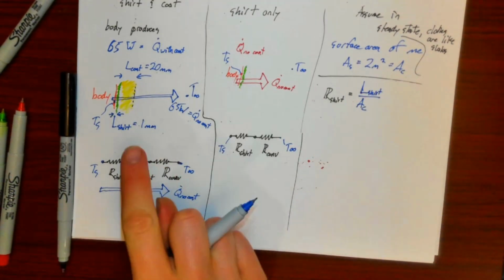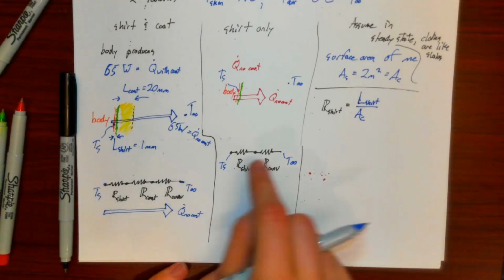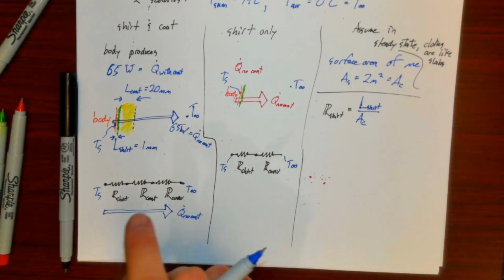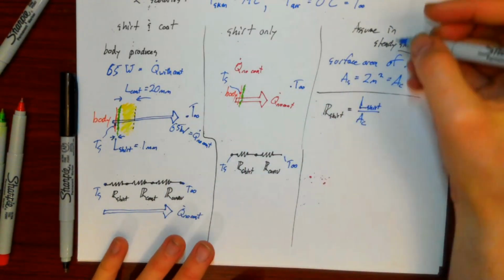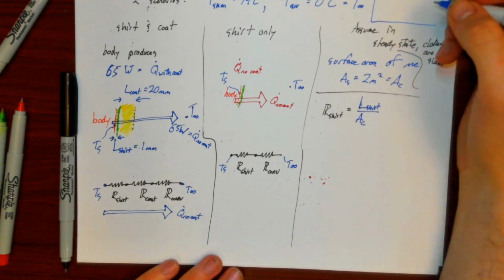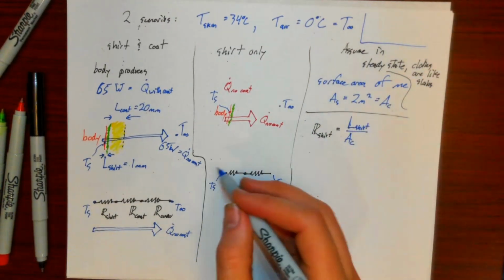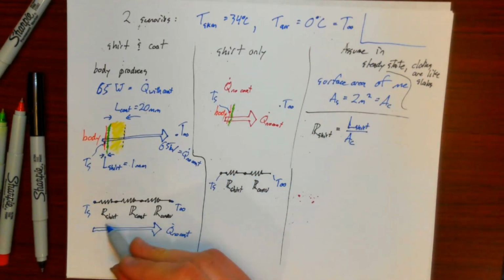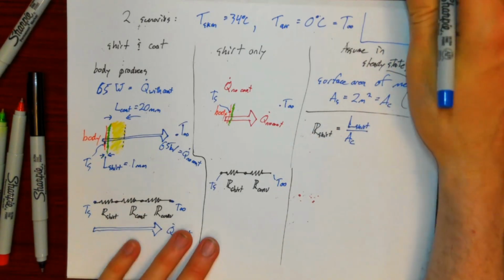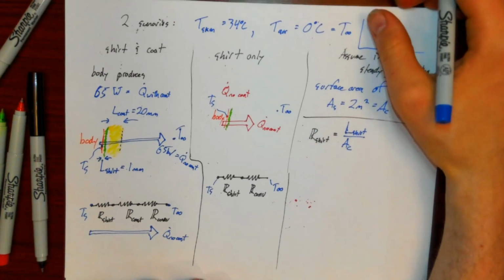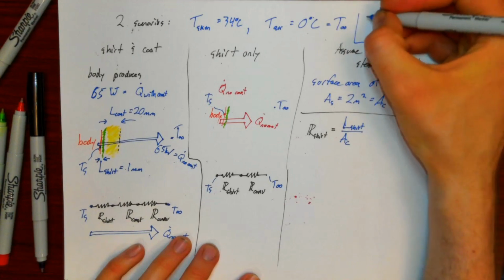And oh, there are a couple of pieces of information that I should have given you. Sorry, I forgot to tell you what the properties of the shirt are. You can look up thermal conductivities of materials that make up clothes, because engineers actually engineer high performance clothes.